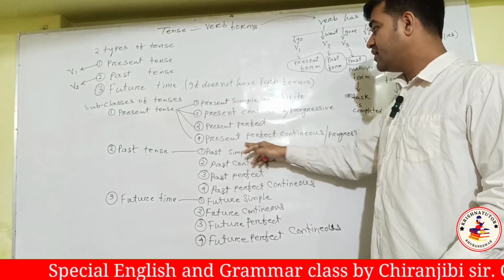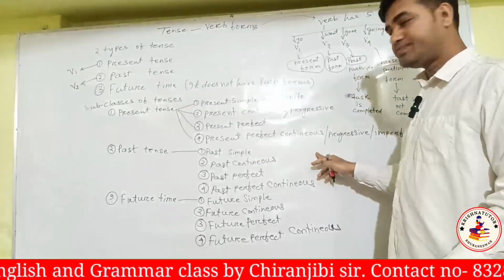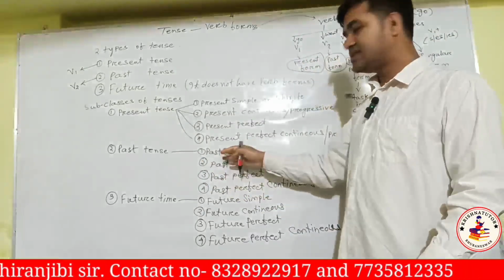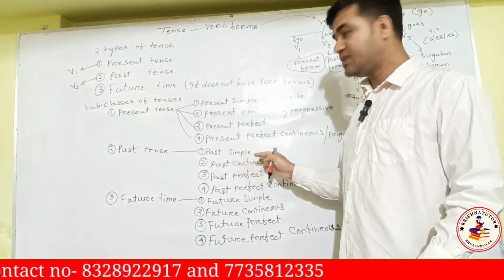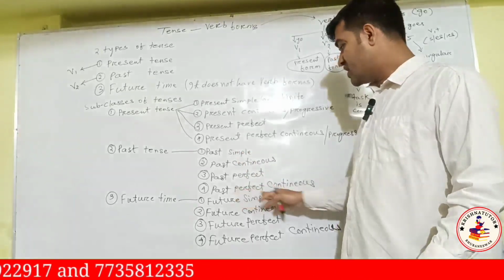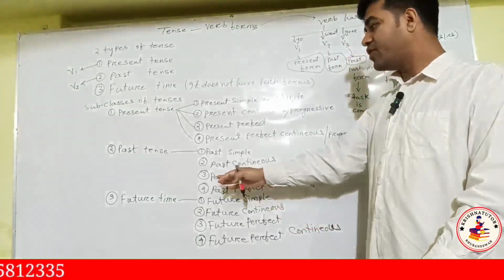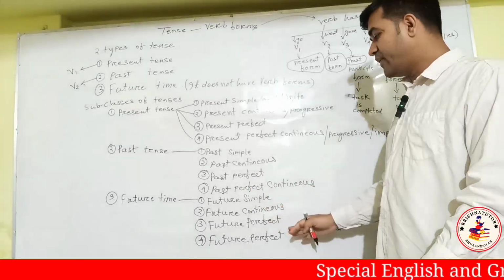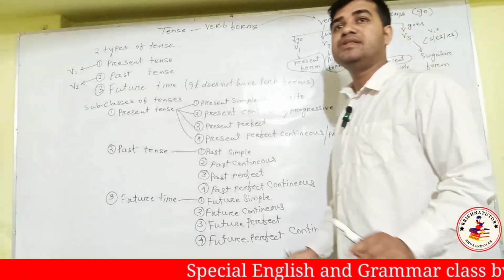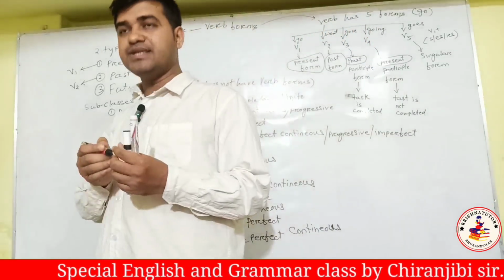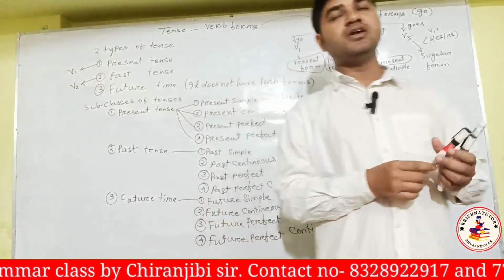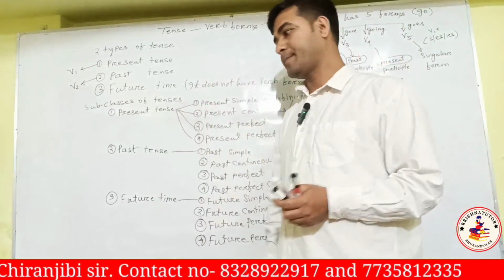Similarly for past tense: past simple, past continuous, past perfect, past perfect continuous. For future time: future simple, future continuous, future perfect, future perfect continuous. These are the subclasses of tenses. Now we will start with the present tense, the present simple tense.